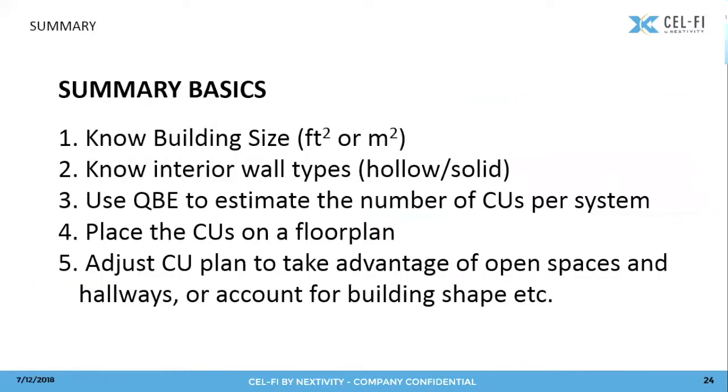All right, just getting back to the basics of this presentation, the summary: knowing your building size, of course, up front so that you can start using the tool, getting a floor plan from your customer so that you can estimate using the Quatra BOM estimator how many coverage units you're going to need based on what the wall types are and what the area types are, and then placing those coverage units on the floor plan and maybe moving them around depending on hallway and open space options that you may have.